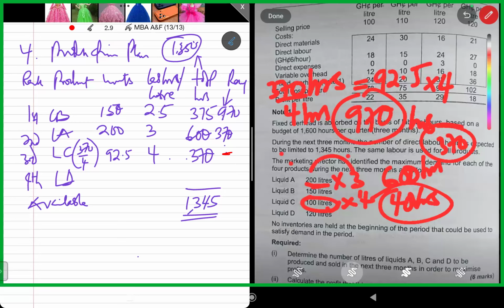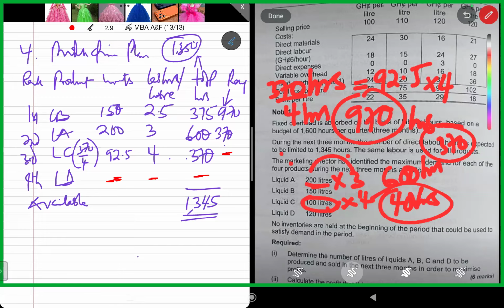So it means for the fourth, liquid D, we will not produce anything because the labor hours will not be sufficient to cover liquid D liters to be produced. And it's good because, based on the constraints of the limited hours, we have been able to utilize them to find out the maximum profit to be obtained, which leads us to produce the units of the product which will give us the maximum profit in order of ascension.